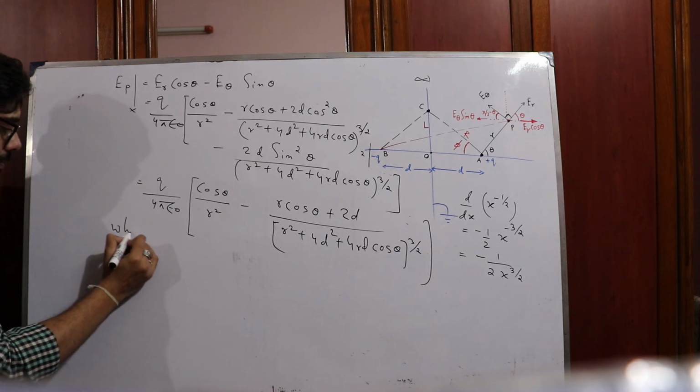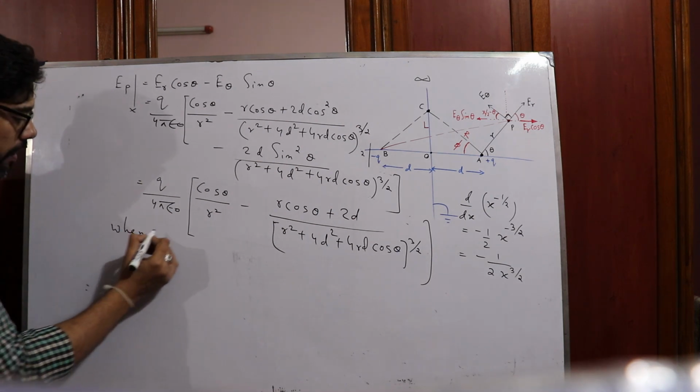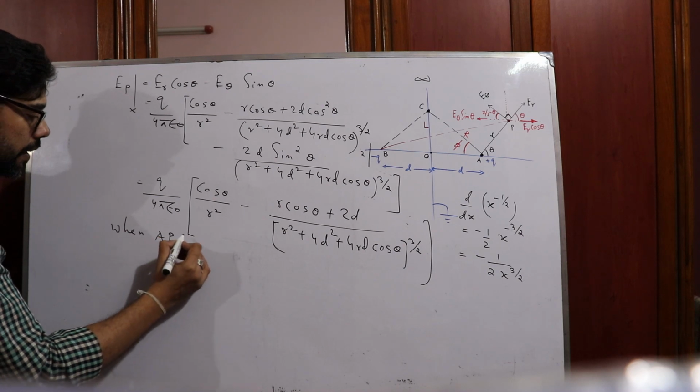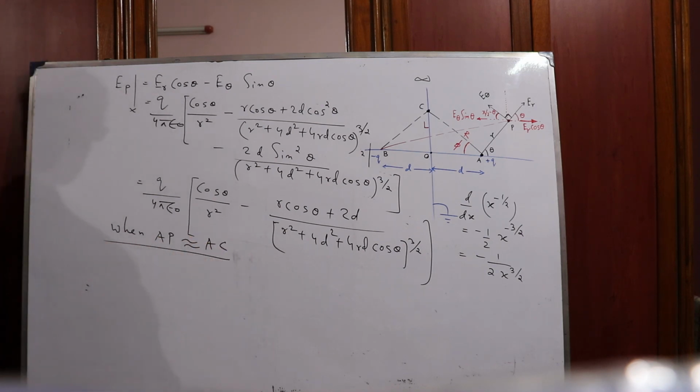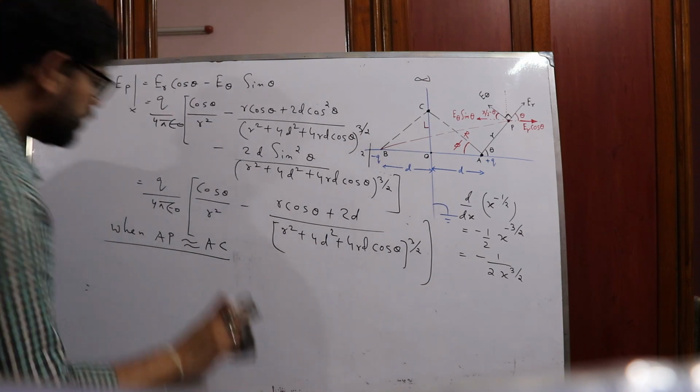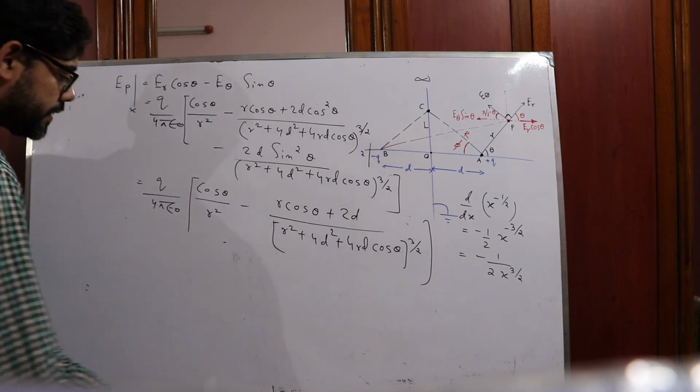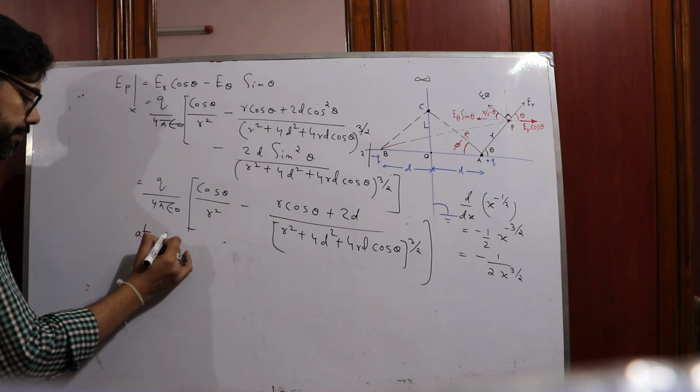So when AP equals AC, that means, or rather we should write like this, at the point C.